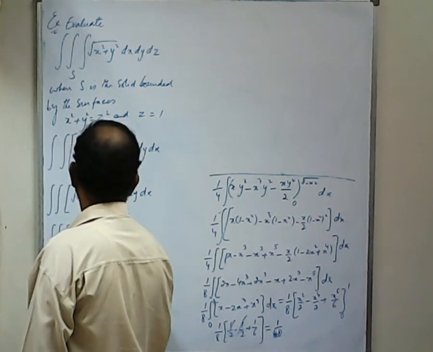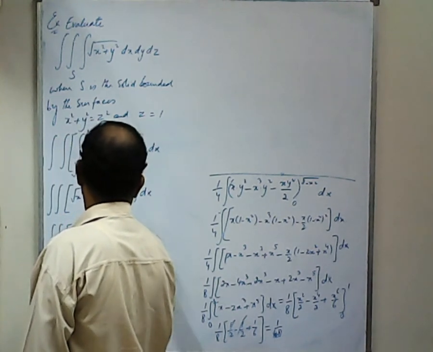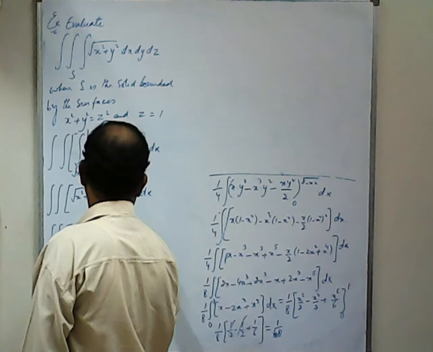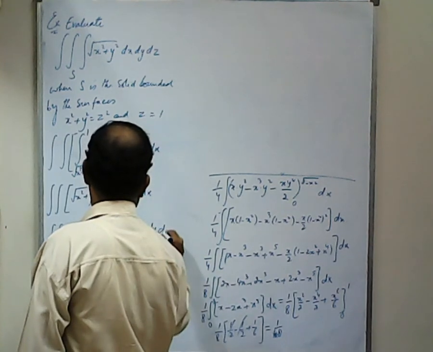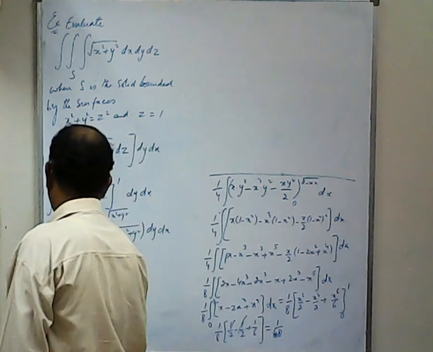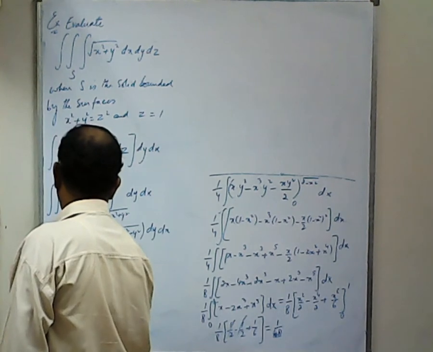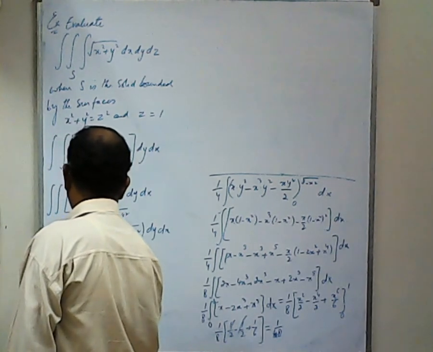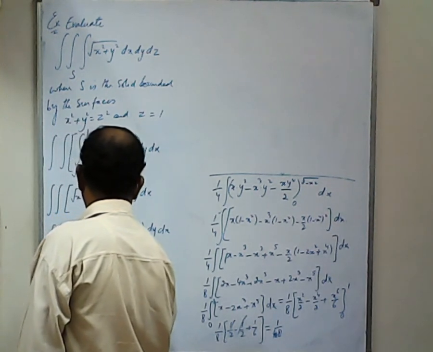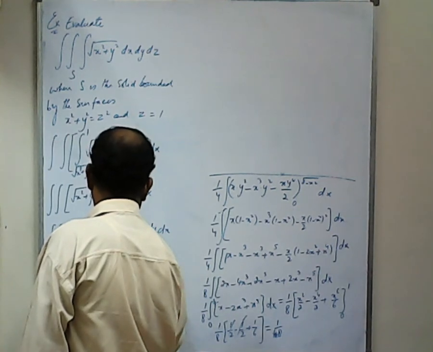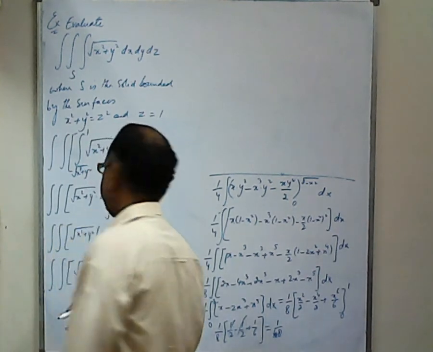The upper limit is 1 minus lower limit is under root x square plus y square, dy dx. So finally I have under root x square plus y square minus x square plus y square, dy dx.